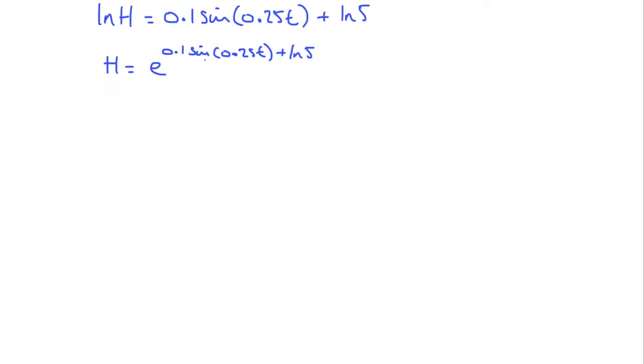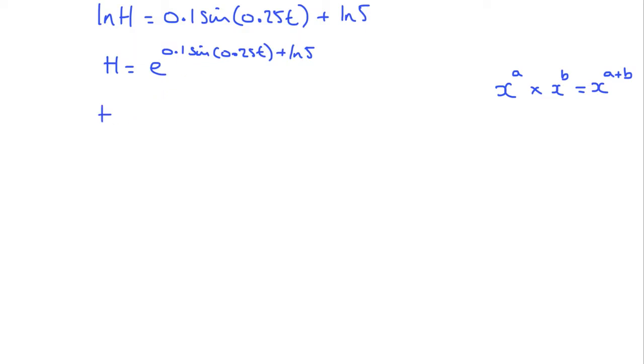What they've done next, or what we can do next, is use the index rules that you learn in like Key Stage 3. We can use the fact that x to the power of a times x to the power of b is the same as x to the power of a plus b. We've got a power with a plus in the middle.